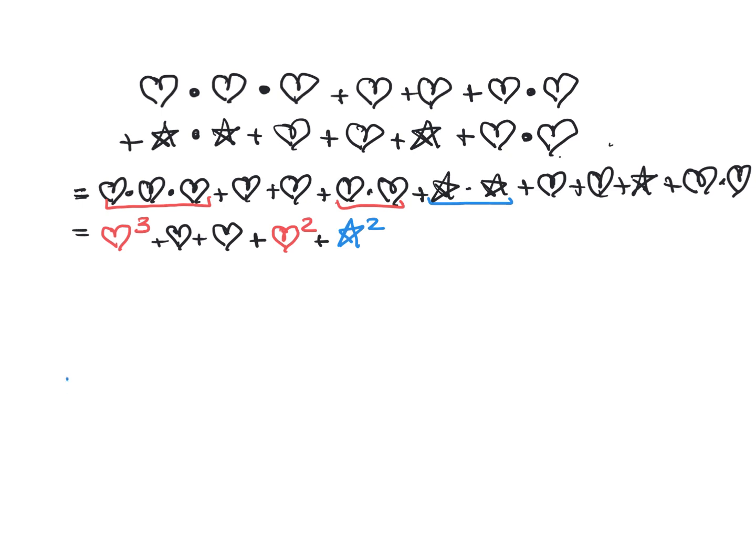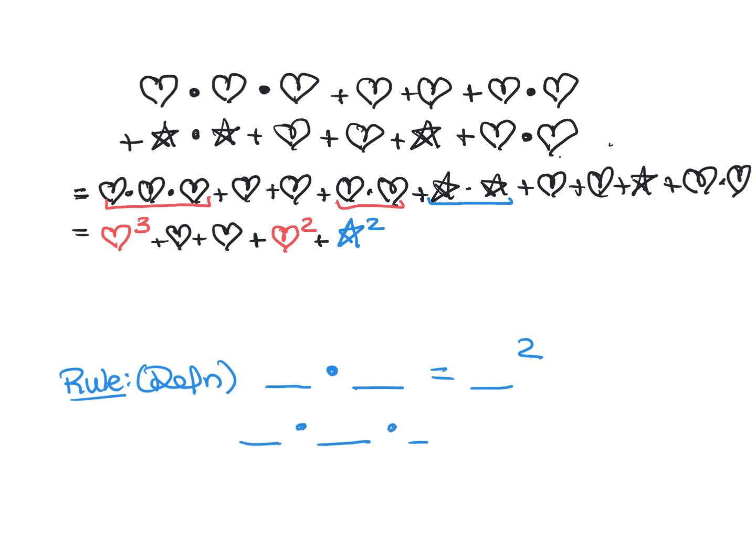So maybe I'll write this down because I've been doing this a few times. So rule, actually the definition, anything times anything else equals that thing squared. Or anything times anything times anything equals that thing cubed. And so on.